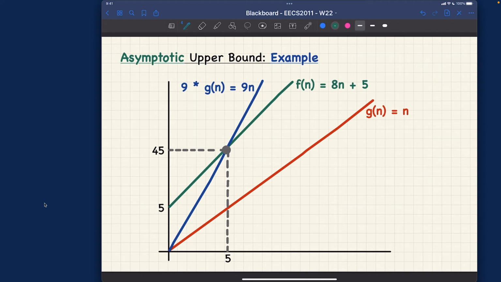So first of all, we've got f of n over here. F of n is typically the running time function of some algorithm under consideration.